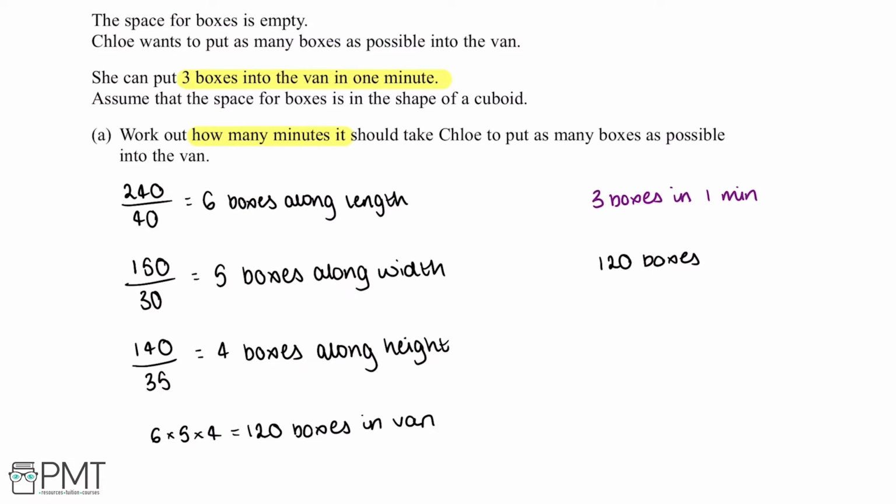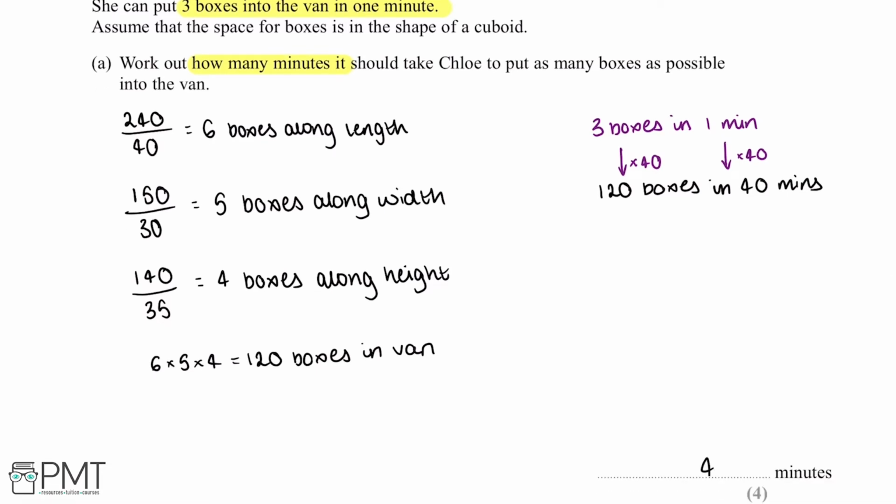So to get from 3 to 120, we need to multiply by 40. So if we've increased the number of boxes by 40, then we increase the time it will take by 40 also. So this means it will take 40 minutes to put as many boxes as possible into the van. And this is our final answer.